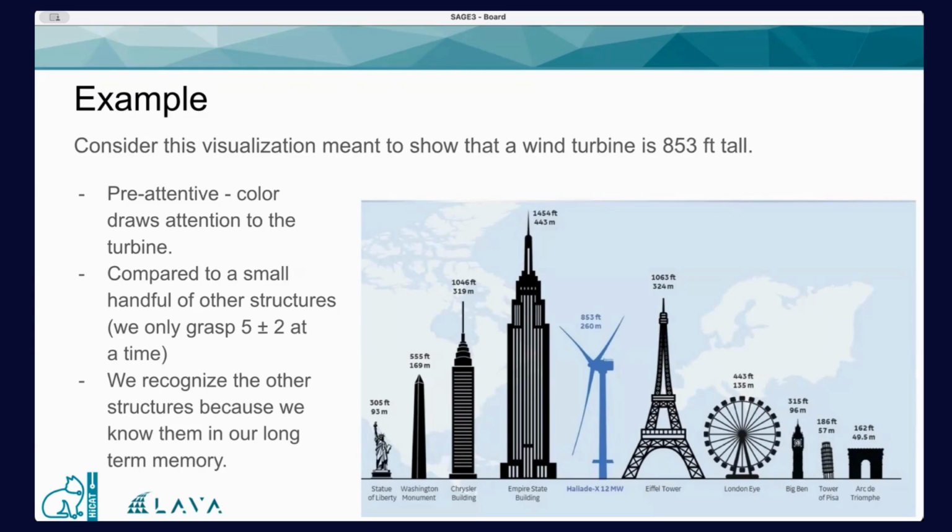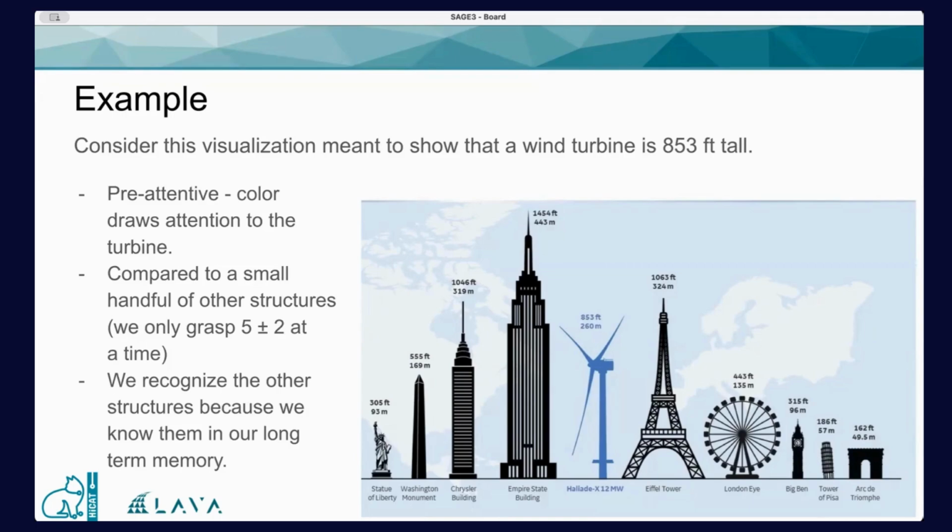So in this example, this is a visualization of the height of a wind turbine. The wind turbine is blue while everything else is black. So your eye immediately goes to that thing that is different from everything around it. And we were only trying to compare a handful of other structures. This is already probably too much for most people, but they're going to look maybe to one side compared to this, and then the other side compared to this, right?